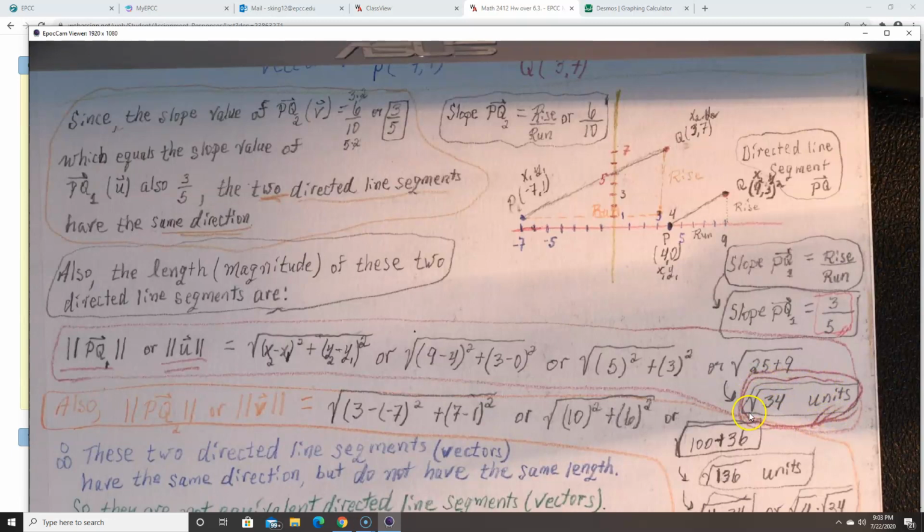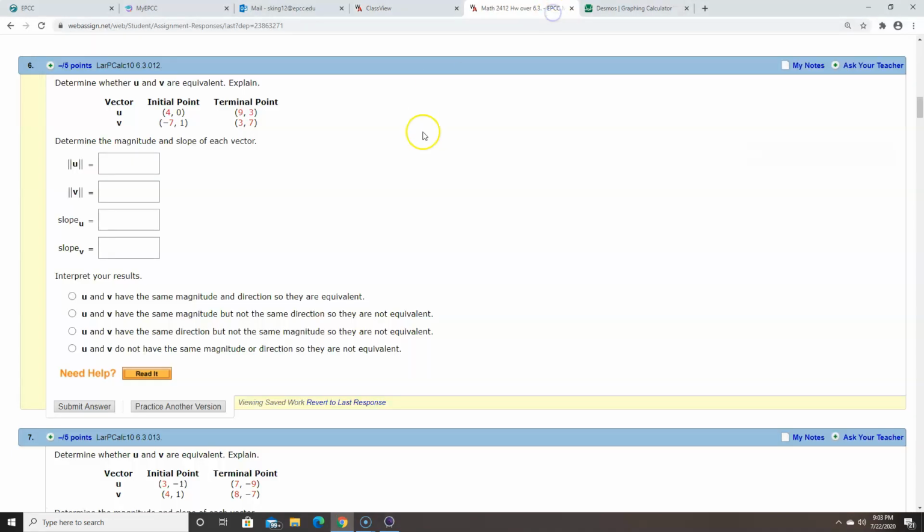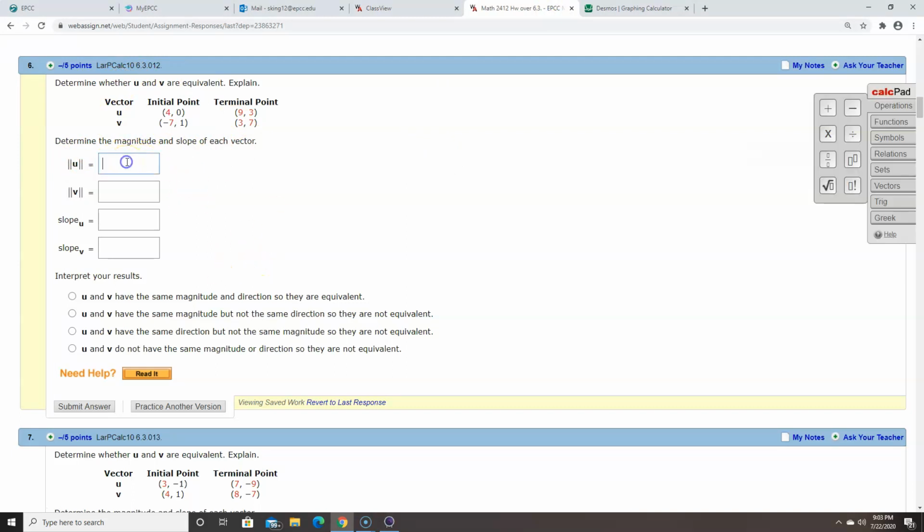Depends if they ask us to round our answer or not. Would we then put this in a calculator? And if we look, magnitude, and it doesn't say anything about rounding, so that means they want it left in exact form, which then means the square root. The square root of 34, we cannot simplify because it's not a perfect square.